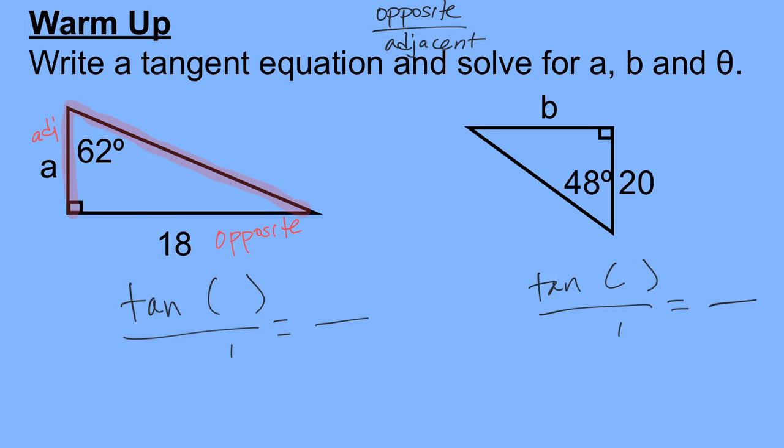Now I'm going to go ahead and set up my tangent equation. So I'm going to fill the angle in the parentheses. And then after that, I'm going to set up the fraction, making sure that I do the opposite side over the adjacent side. So in this case, that's going to be 18 over A. And now I'm going to try to cross multiply to solve.